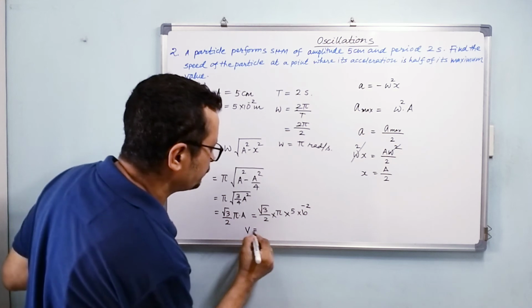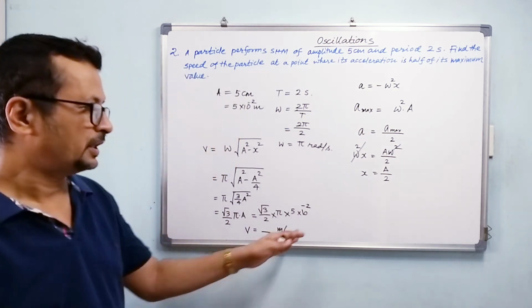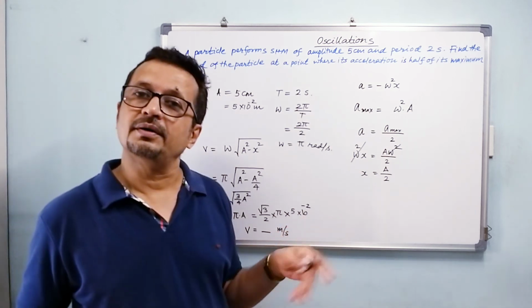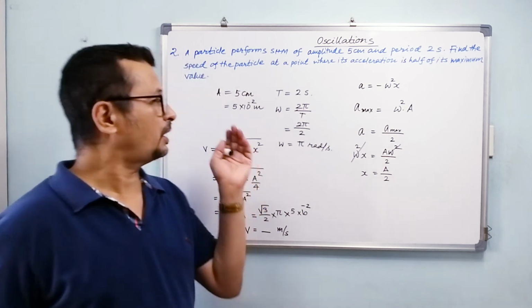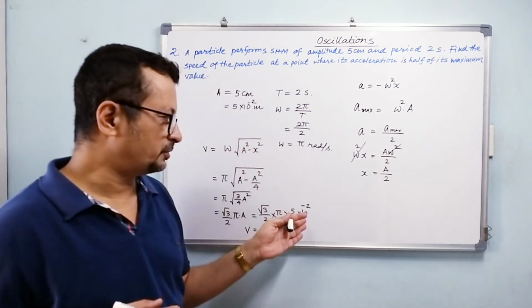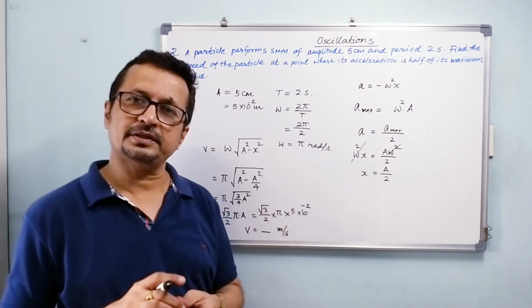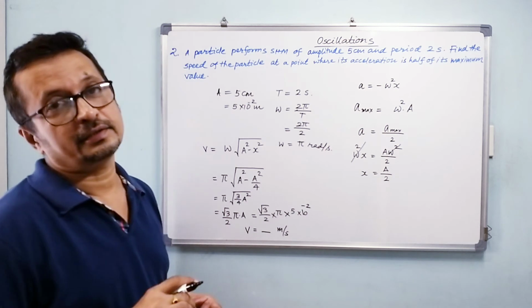V would be equal to so many meter per second, meter per second because I am using the amplitude in meter. Now, if I had been using amplitude in centimeter, obviously you wouldn't be multiplying by 10 raised to the power minus 2 there. So this is how you get the speed.